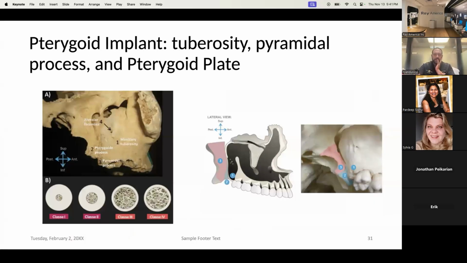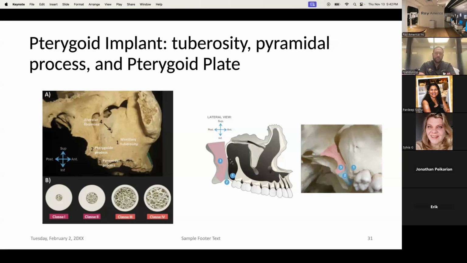To look at that in a different way, we're starting at the tuberosity of the maxilla and going through the pyramidal process into the pterygoid process, engaging the bone that exists at the medial pterygoid plate or between the medial and lateral pterygoid plates.